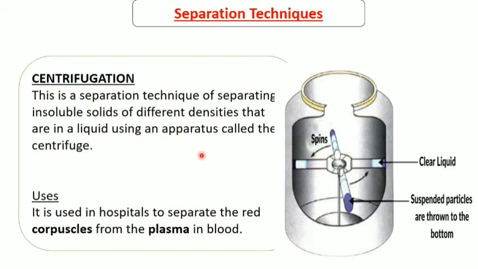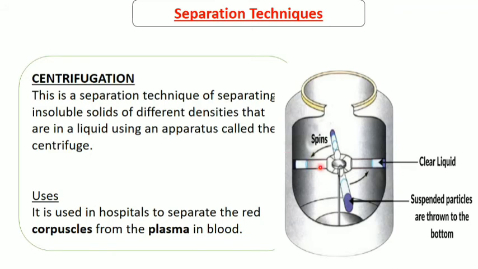So if you want to analyze blood, for example, or if you want to separate the liquid part of blood from the solid part to remove these red corpuscles, you can use centrifugation. You can just put your blood sample in the test tubes and rotate. At the end of the day, you're going to have the red corpuscles on the bottom and plasma on top.